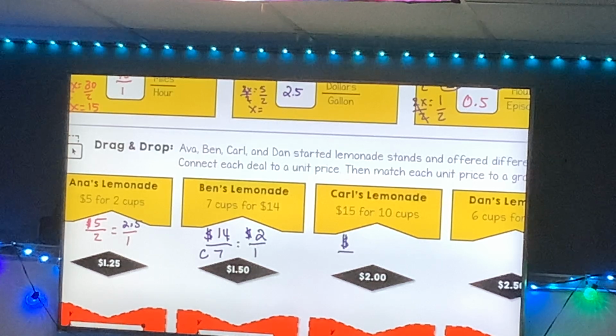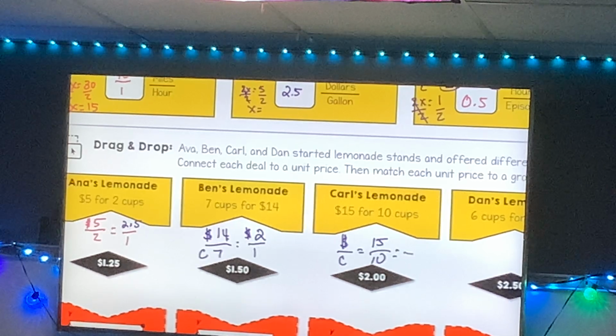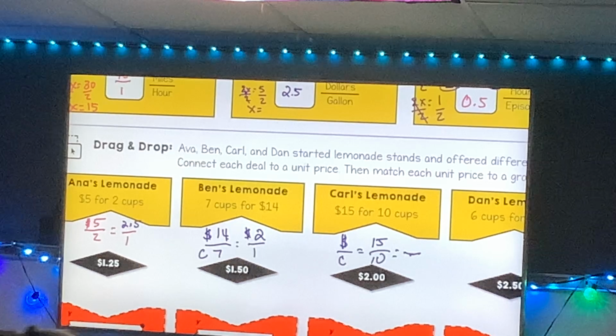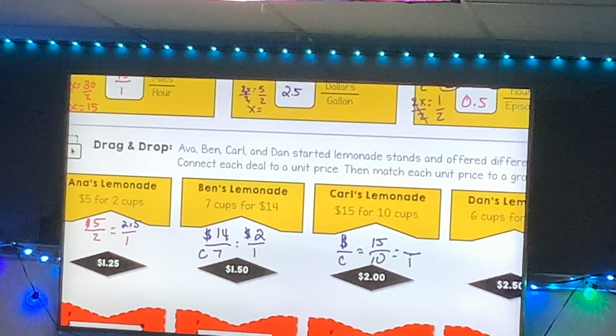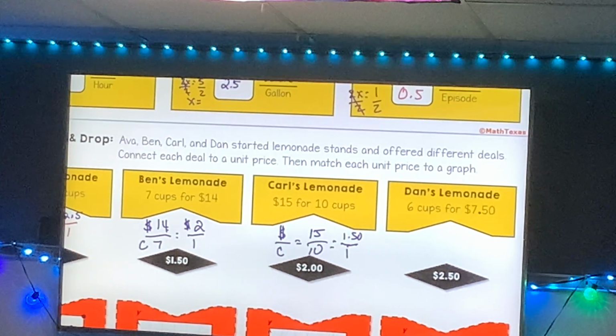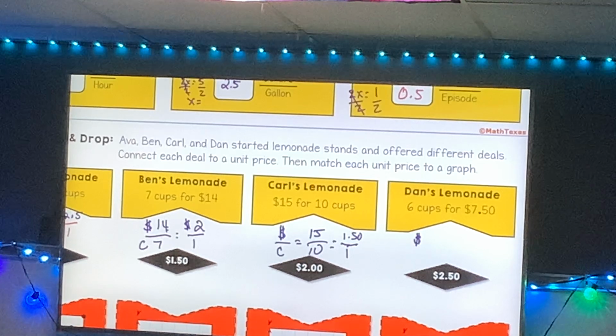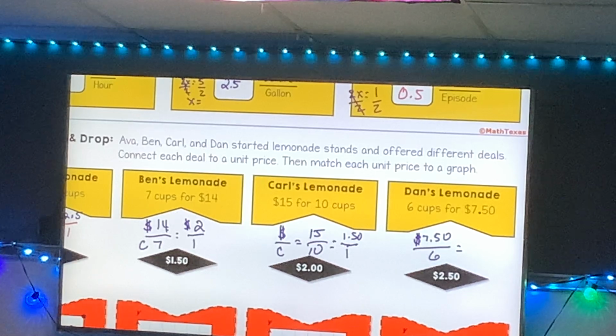If I have $15 for 10 cups, how much is Carl's per cup? $1.50. Dan's is $7.50 for 6 cups.